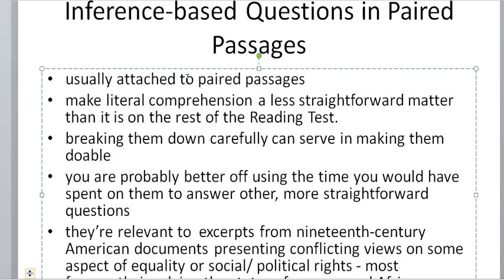They make literal comprehension a less straightforward matter than it is on the rest of the reading test, meaning they complicate things for the test taker, because they always use archaic language, language that is old-fashioned and somewhat dated, and the structure they use pertains to the 18th century, meaning it's quite old-fashioned.